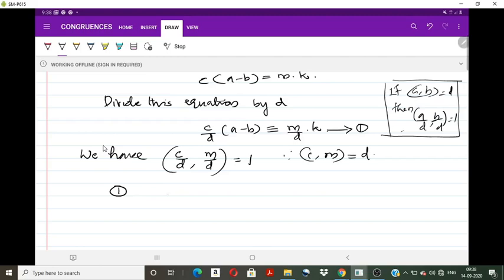Equation 1 we can write in some other way, that is C by D into A minus B is equal to M by D into K, or this implies M by D divides C by D into A minus B. And we know by the properties of GCD that GCD of C by D comma M by D is equal to 1.